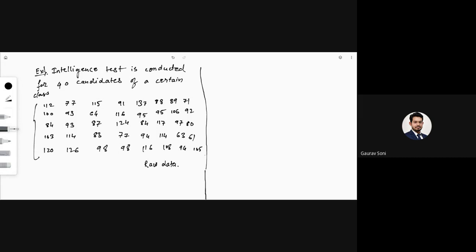Anyone else? Akanksha? It can be taken like from 60 to 70, then 70 to 80, and whichever scores lie in between those, we can put in those groups.